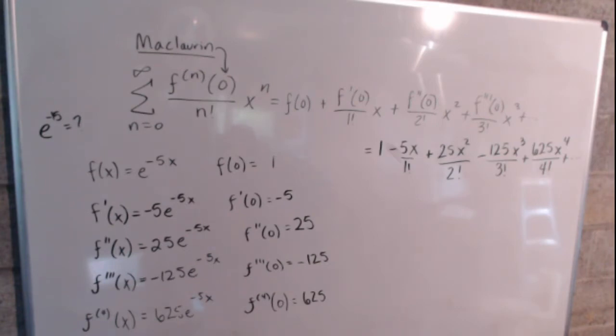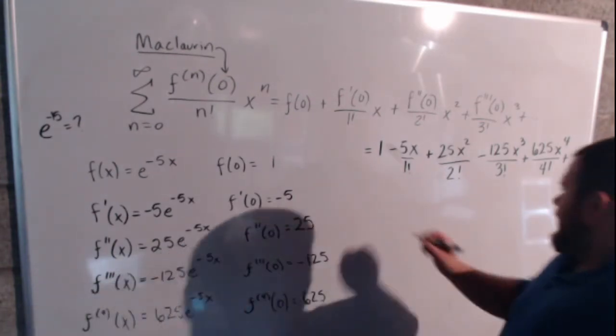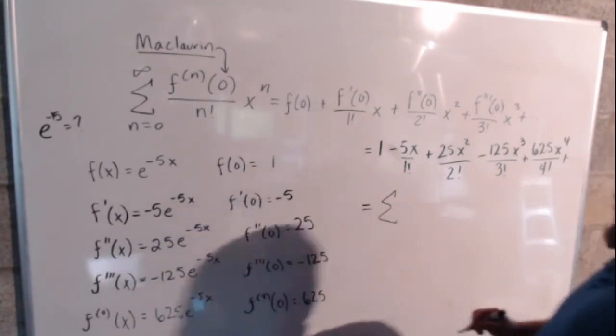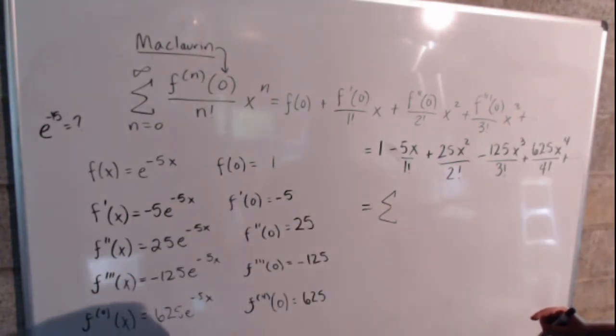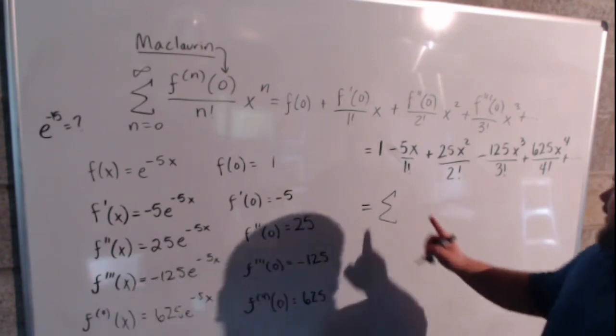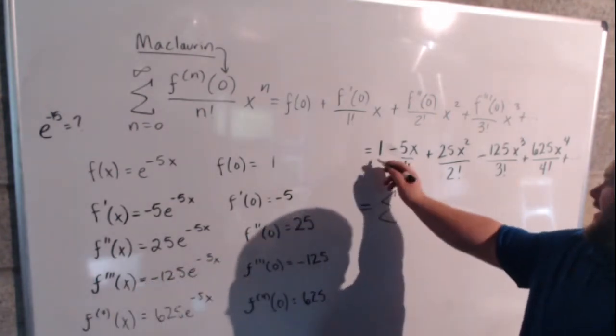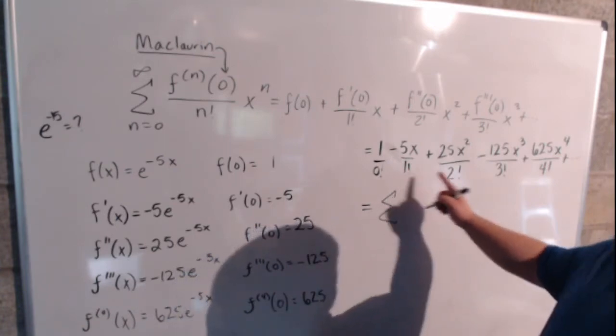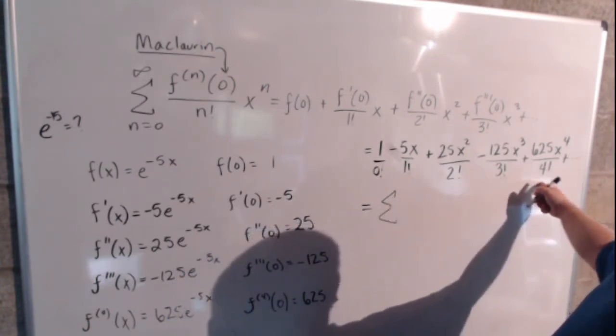Okay, so looks like some people are giving their solutions. So, let's start with the denominator. This is technically divided by 0 factorial. Then we have 1, 2, 3, 4.